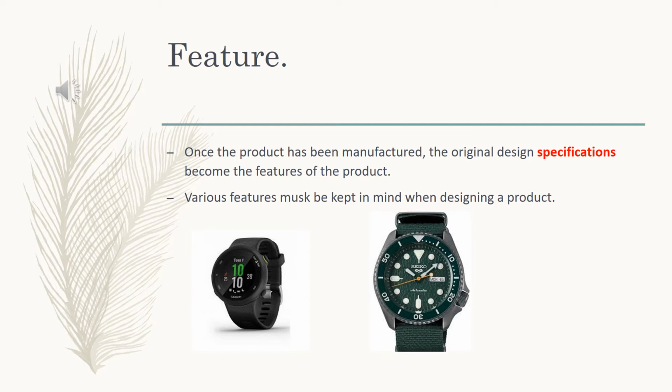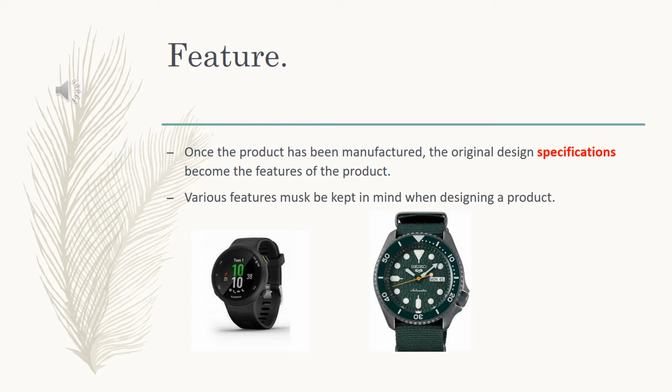Now if you look at these pictures, there are two different pictures of watches. When we specify, we'll say these items provide time, right? But they have different features, because one is a sports watch and the other is just a normal watch that provides us with time. The sports watch has more features. It can detect your heart rate.